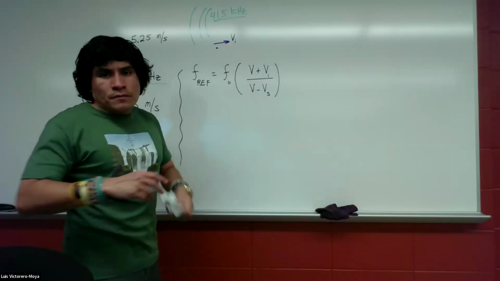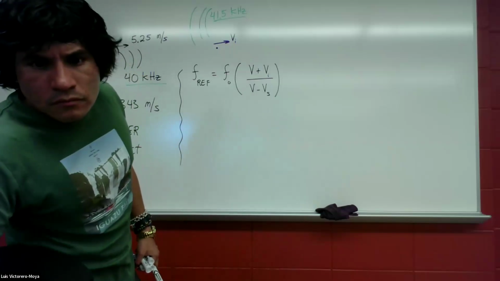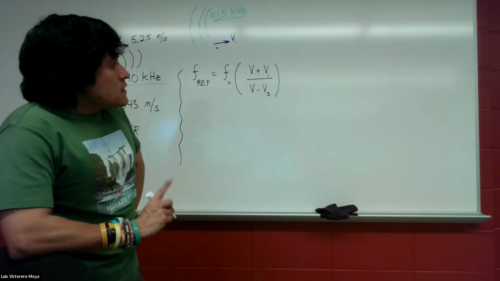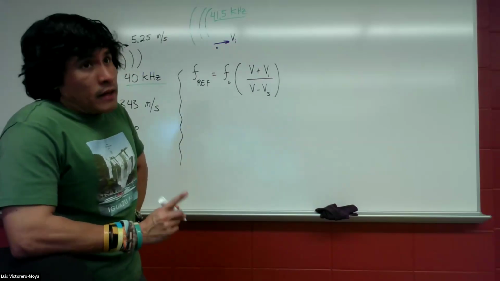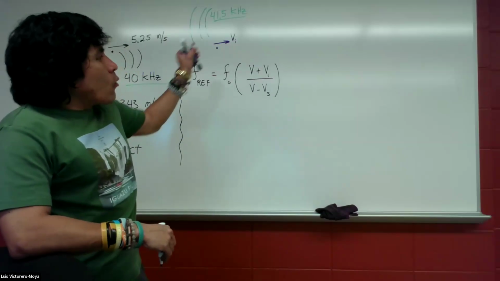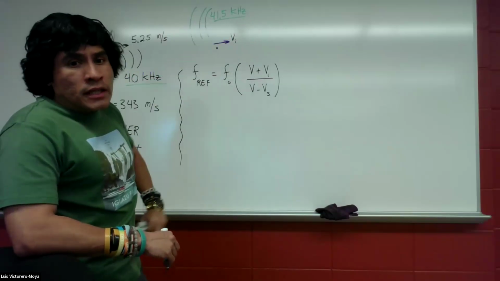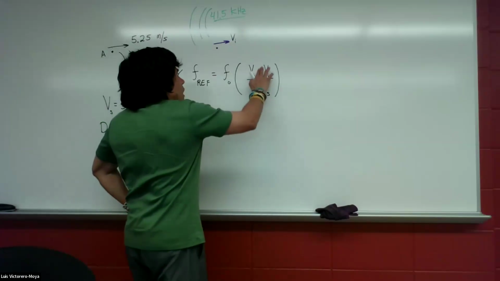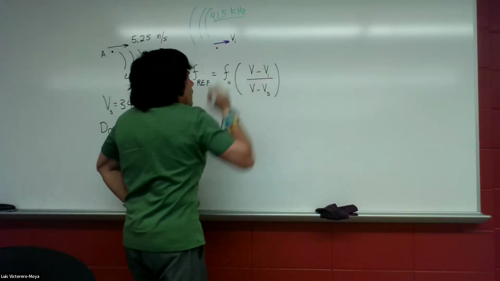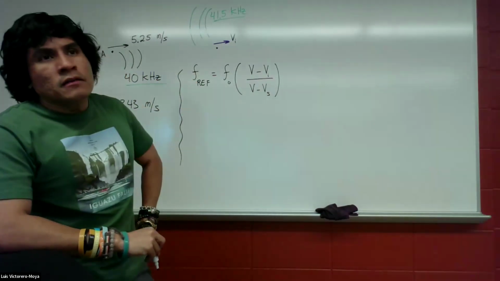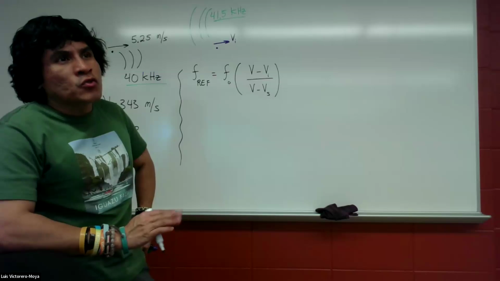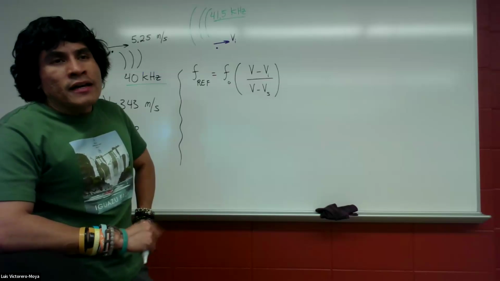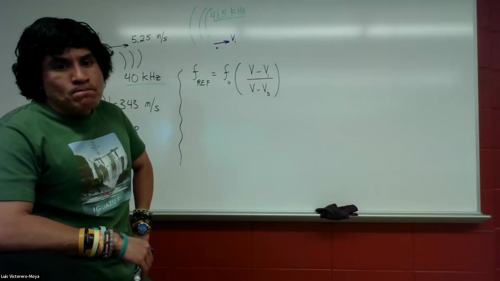So you have to include both. Now, since the insect is flying away from the source, let's suppose the source was not moving. The frequency will decrease because the insect is flying away.